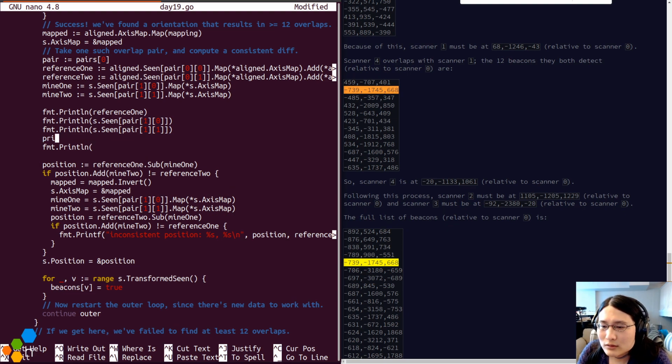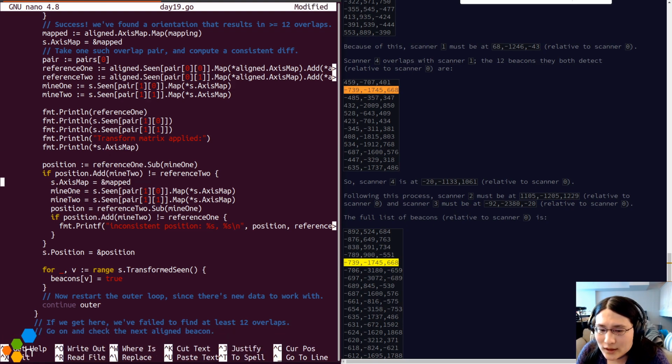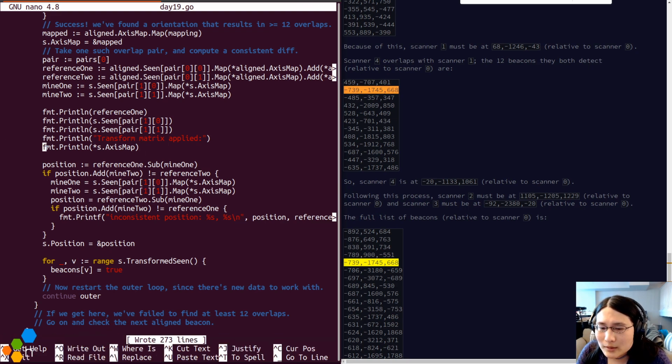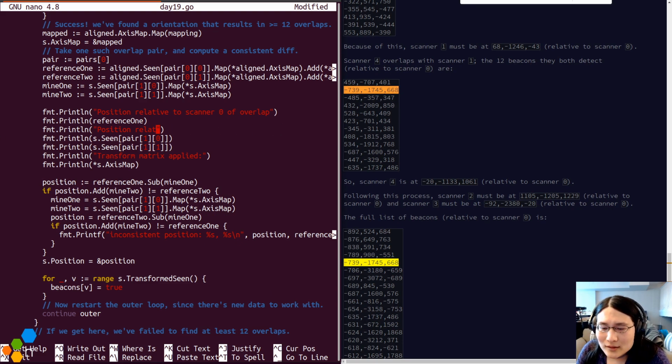let's do this. Okay, so I don't think I actually need the invert. I don't think that's my problem here. There's something that's gone wrong here. So, position relative to scanner 0 of overlap. These are the candidates.